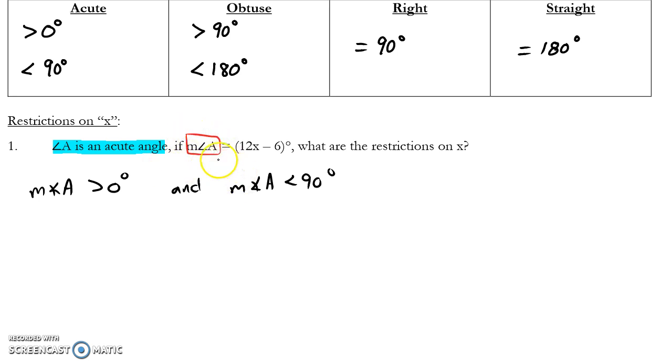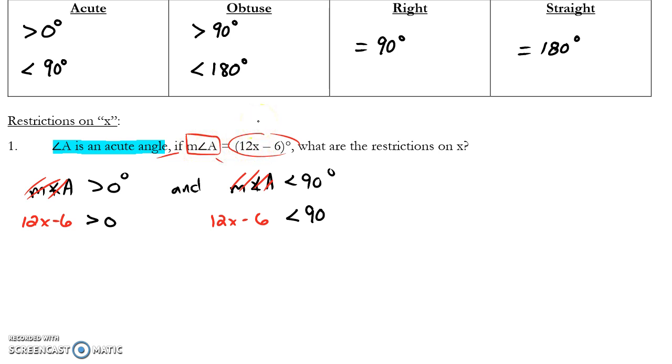Instead of measure of angle A here and over there, I'm using 12x minus 6. So not measure of angle A, that's going away, but the measure of angle A is 12x minus 6. That's greater than 0. And then the same thing for this one, except it's less than 90. It's my 12x minus 6, not the measure of angle A. Same thing, those two are equal.